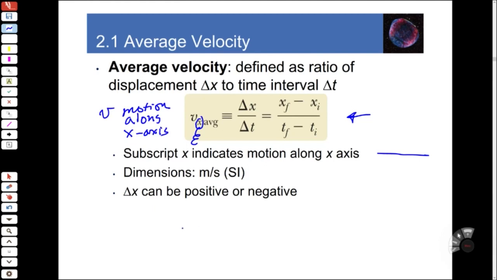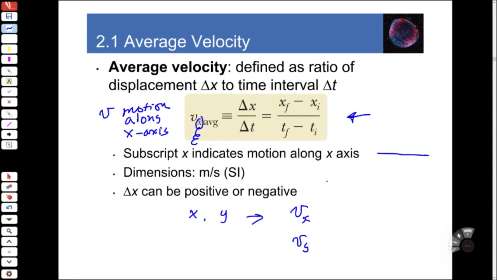When you consider a plane, then you need velocity along the x-axis and the y-axis, and later we'll use the notation vx for velocity along the x-axis, vy for velocity along the y-axis. But for one-dimensional motion, there's only the x-axis, so you can skip this x without too much confusion.